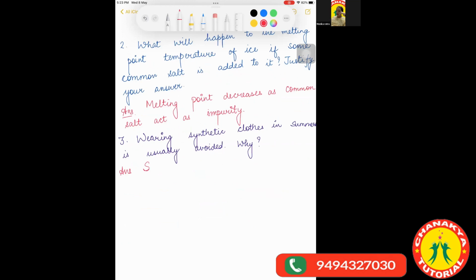Yes. So basically, the synthetic clothes trap the heat of our body. They don't let the heat go out.